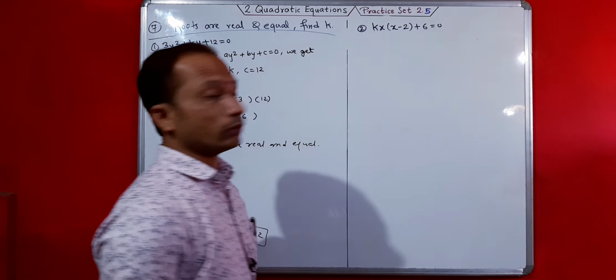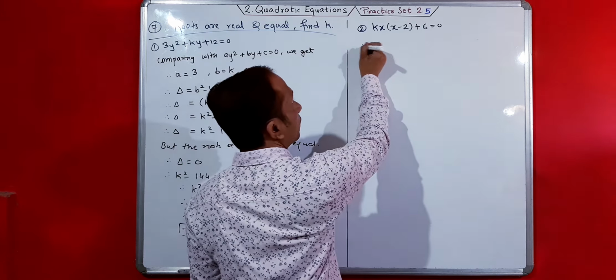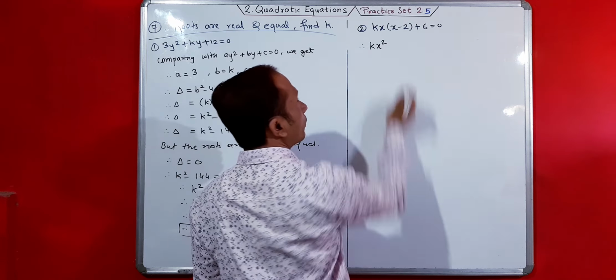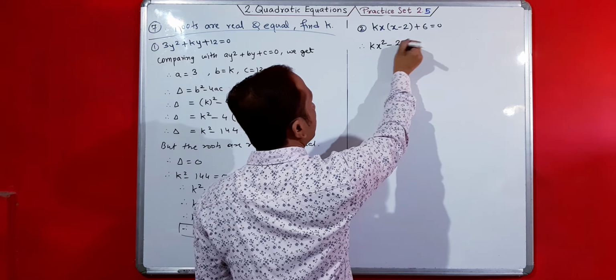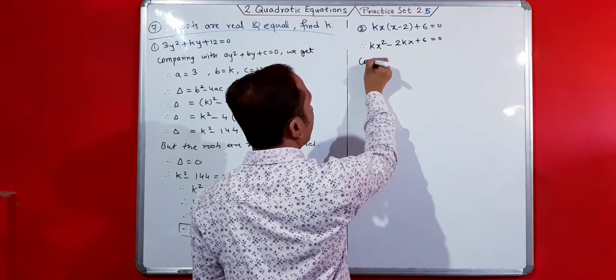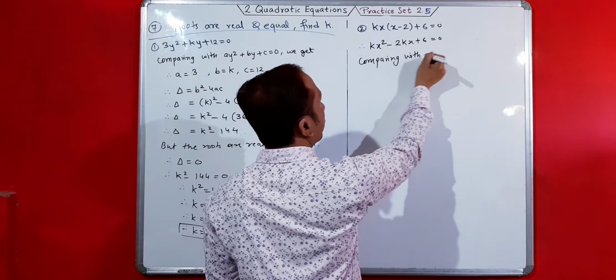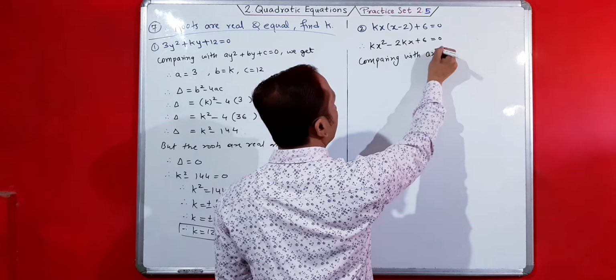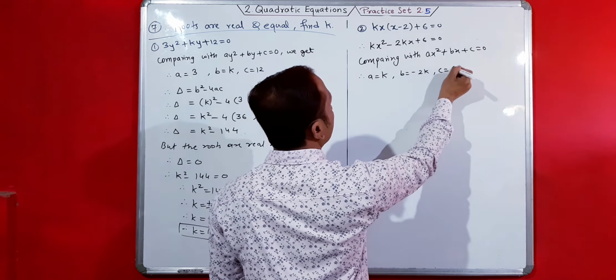Come to the second. kx into bracket x minus 2 plus 6 is equal to 0, therefore kx square minus 2kx plus 6 is equal to 0. Comparing with ax square plus bx plus c is equal to 0, therefore a is equal to k, b is equal to minus 2k, and c is equal to 6.